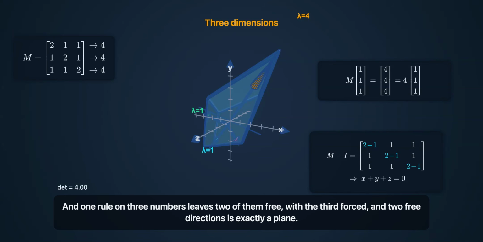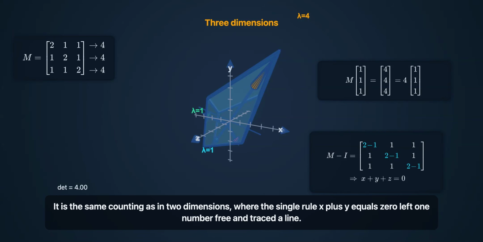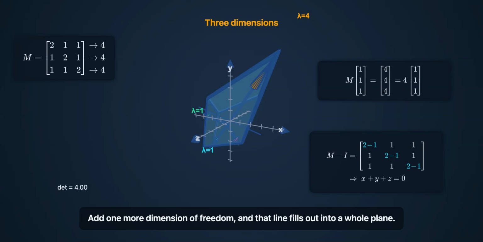And one rule on 3 numbers leaves 2 of them free, with the third forced, and 2 free directions is exactly a plane. It is the same counting as in 2 dimensions, where the single rule, x plus y equals 0, left one number free and traced a line. Add one more dimension of freedom, and that line fills out into a whole plane.